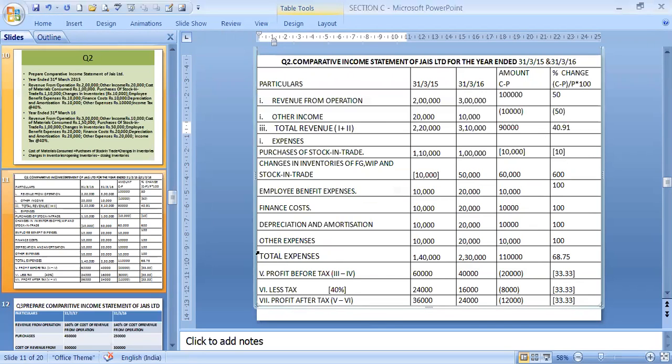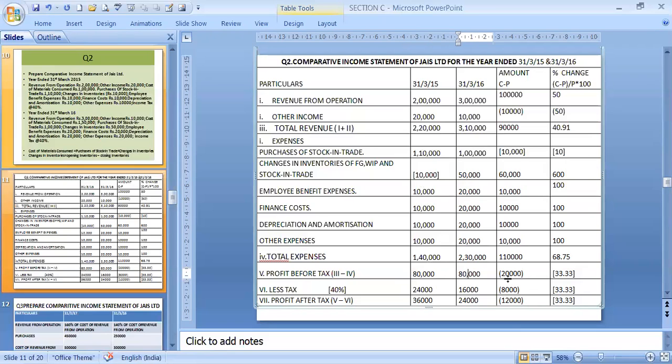So we subtract the fourth from the third. Total revenue was 2 lakh 20, and total expenses is 1 lakh 40. So it is 80,000, which is profit before tax. In 2016, it is 3 lakh 10 minus 2 lakh 30, that is also 80,000.